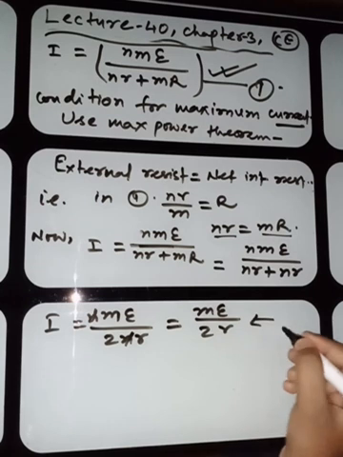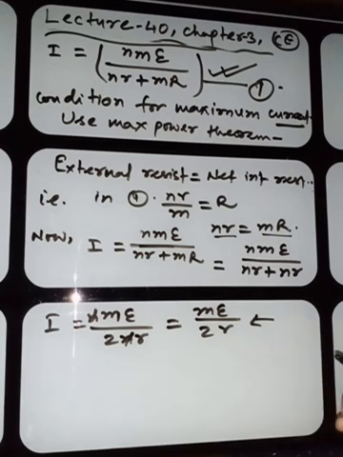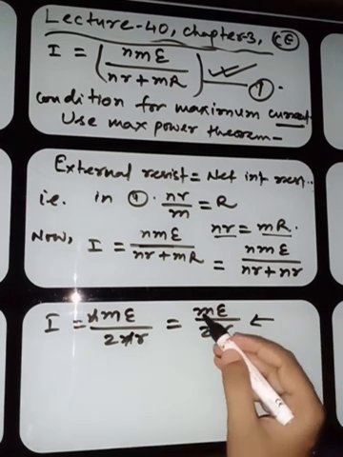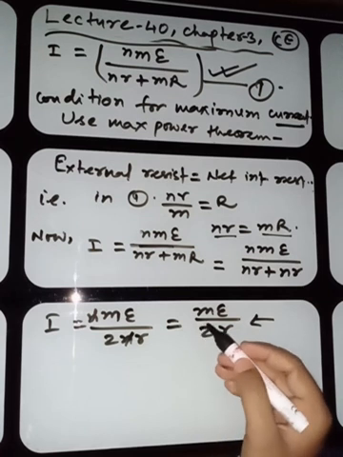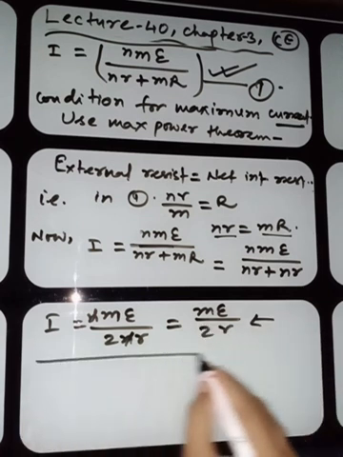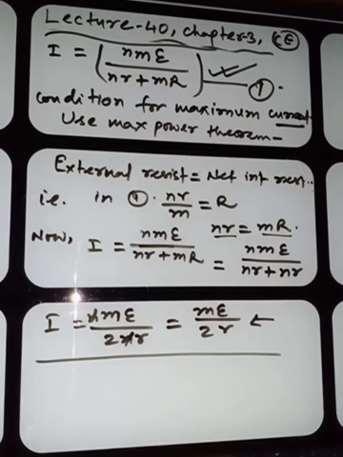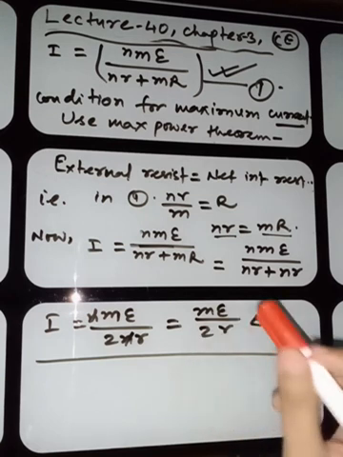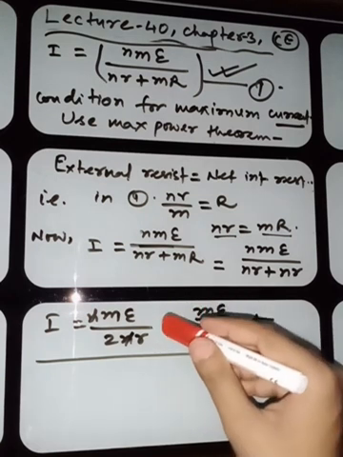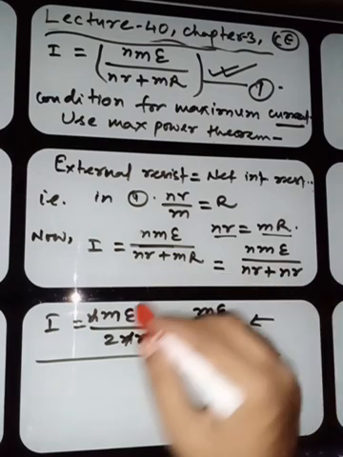So you can find the maximum current in terms of M, that is the number of branches which are in parallel. But you can also find the current in terms of the number of cells in series.